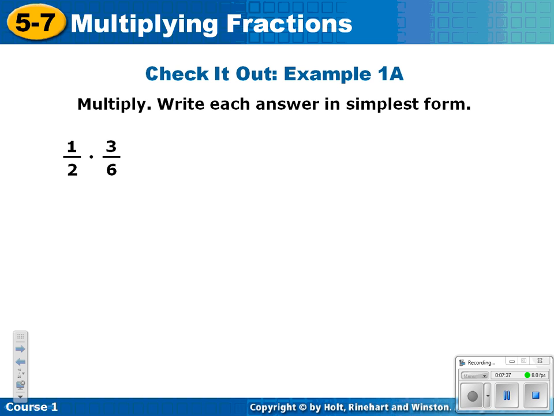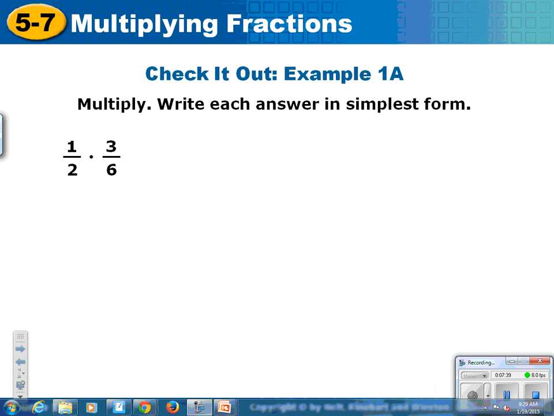You guys try this one. What did you learn about this one? If you can't reduce before you do the multiplication, that does not necessarily mean that you don't have to reduce at the end.